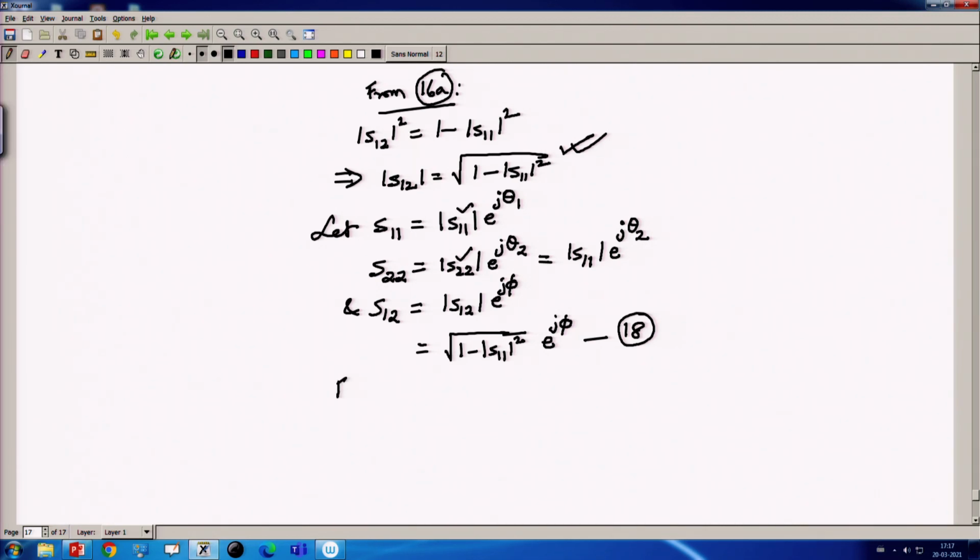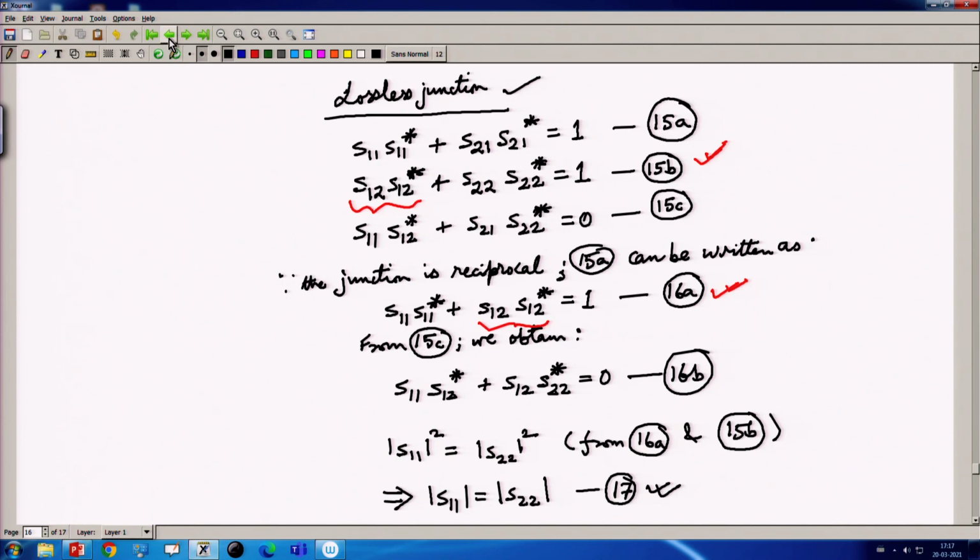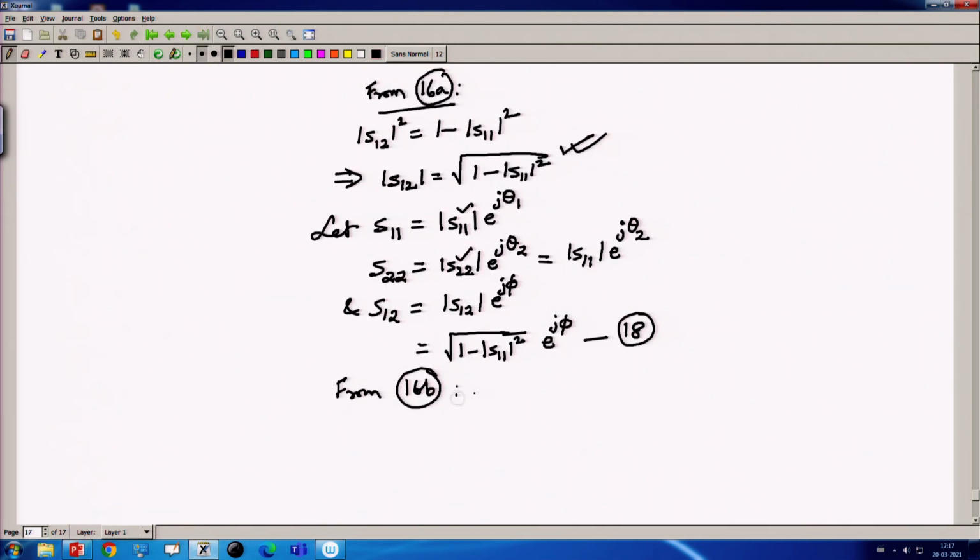Now, from 16b, if I look at equation 16b, which is here, I can write that 16b reads S11 S12 star, this was the statement of equation 16b.